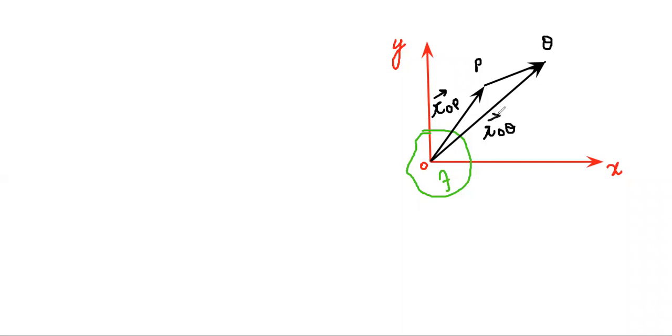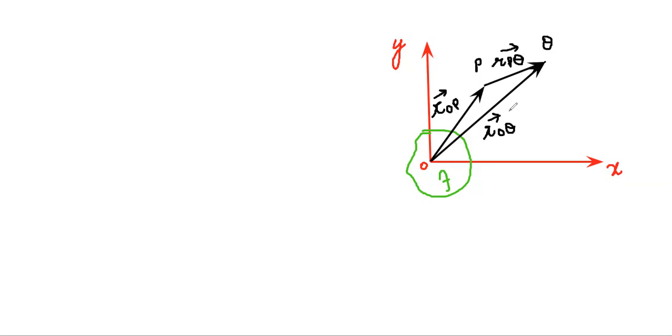And the radius vector drawn from point P to point Q, let's call this RPQ. So we have defined the radius vectors drawn from the origin of the ground frame of reference to 2 points, point P and point Q of the rigid body.